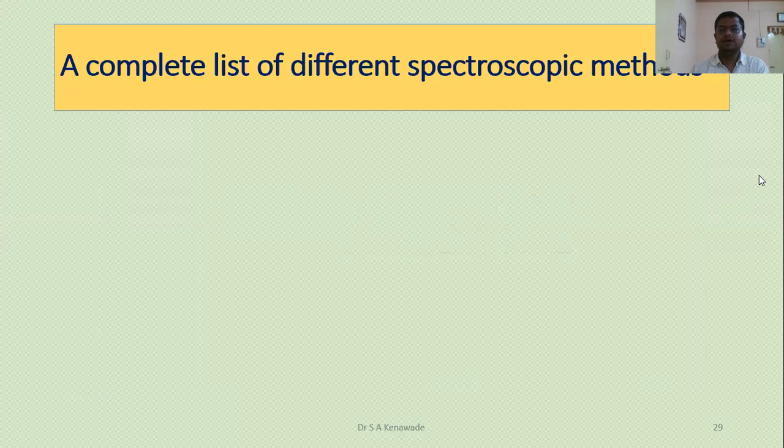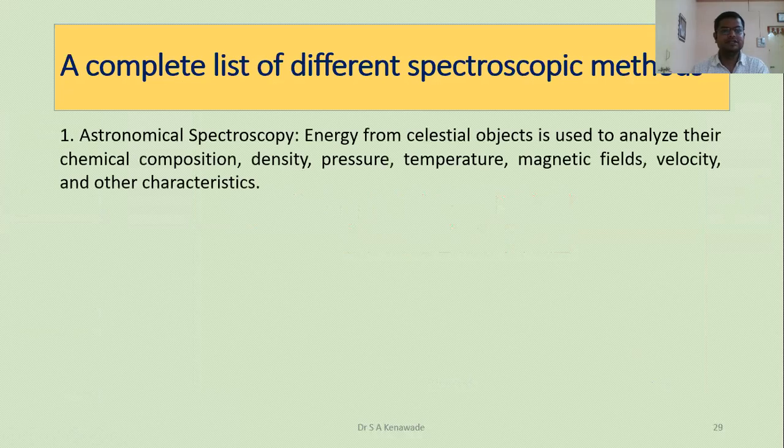These are the various spectroscopic methods we can use for the analysis of structure, or for getting information from the molecule. The very first is astronomical spectroscopy. In this spectroscopy, energy from celestial objects is used to analyze their chemical composition, density, pressure, temperature, magnetic field, velocity, and other characteristics.